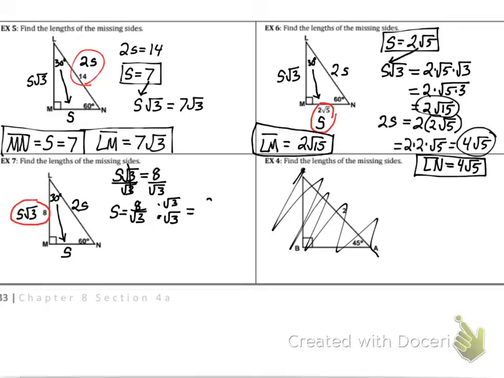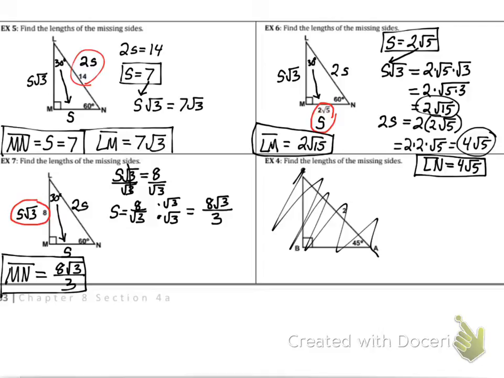And I'm going to see I have S equals 8 times the square root of 3 all over 3. And since S equals 8 square root of 3 over 3, I look at which side equals S, and we know that MN equals S, so MN must also equal 8 times the square root of 3 over 3, and we are halfway done. Actually, more than halfway done.